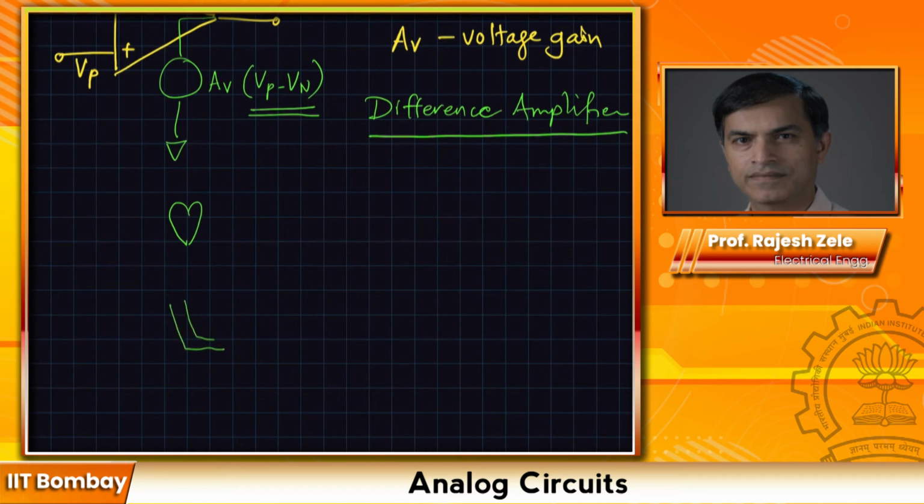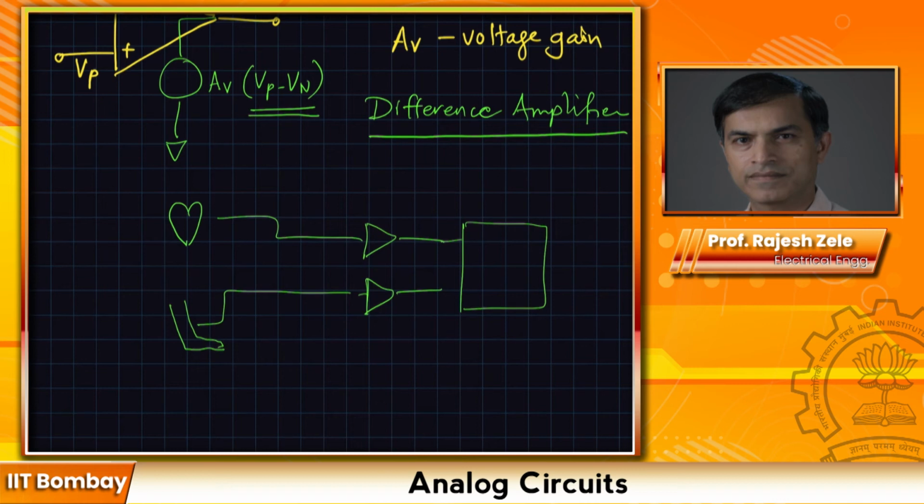I want to amplify the difference between these two. Let's say we used one amplifier for each, and then took a difference between them with another subtractor. This example illustrates the difference amplifier functionality of the op-amp.